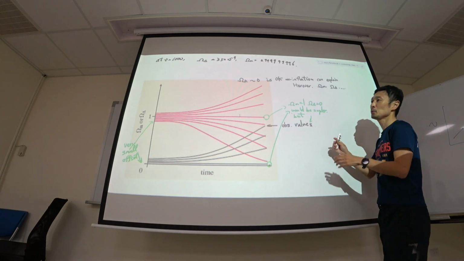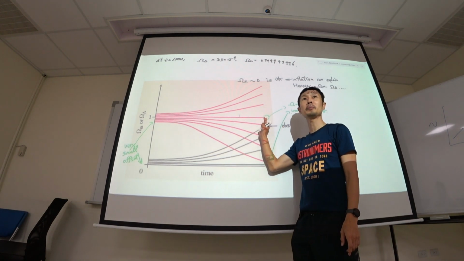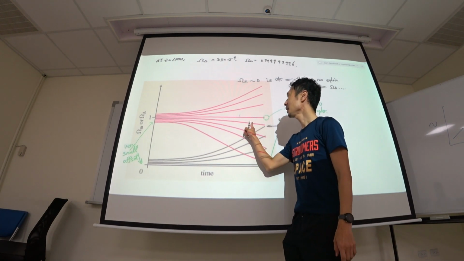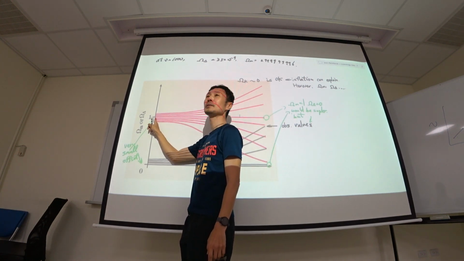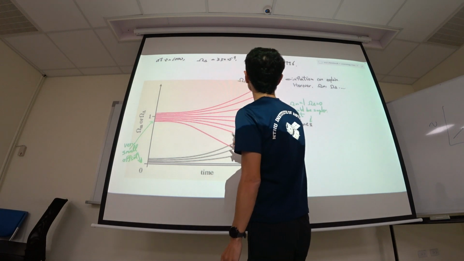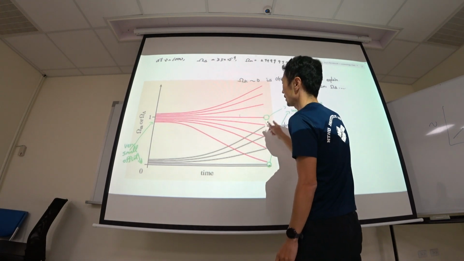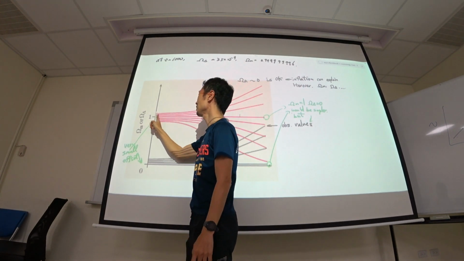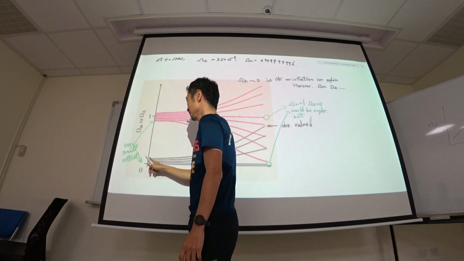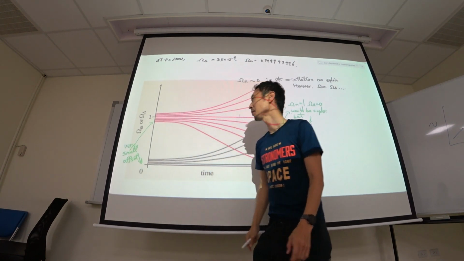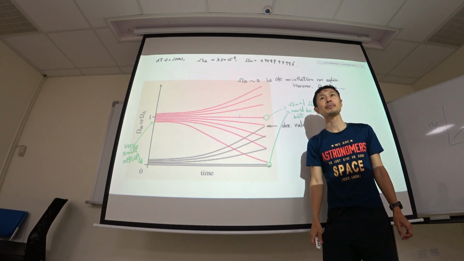And then you go back in time, and omega matter goes very close to 1, but not exactly 1. And then omega lambda goes very close to 0, but not 0.